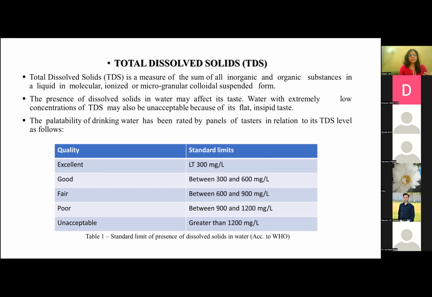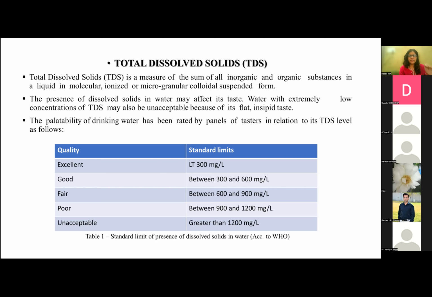Many times it happens that when too many solids get dissolved, they make a complex ion which remains in the colloidal size. So the presence of dissolved solids in water may affect its taste. Water with extremely low concentration of TDS may also be unacceptable because of its flat, insipid taste. It loses its complete taste.